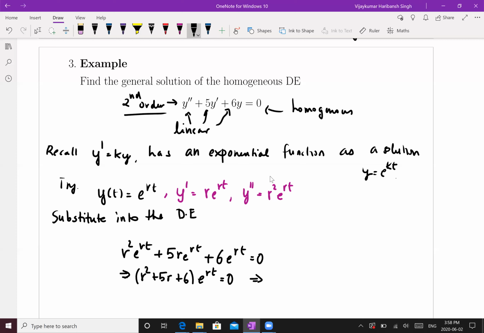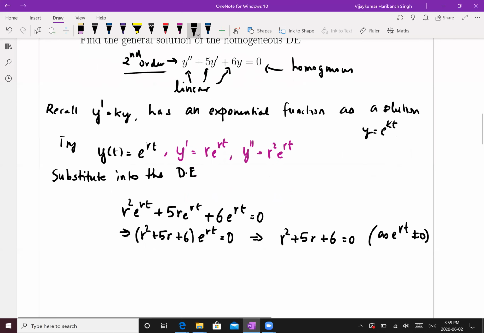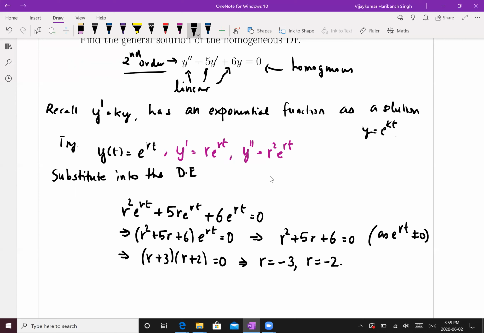This would give me r square plus 5r plus 6 equals 0, as e to the rt is not 0, right? So this will give me r plus 3 times r plus 2 equals 0. This gives me r equals -3 or r equals -2.